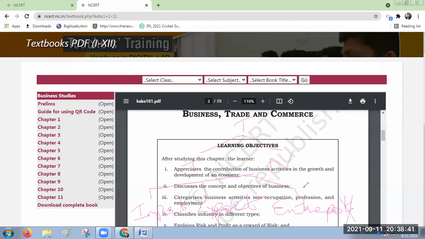Whereas national trade can be divided into two types. One is wholesale trade, where at wholesale shops you can purchase at a lesser price, and the other is retail trade.